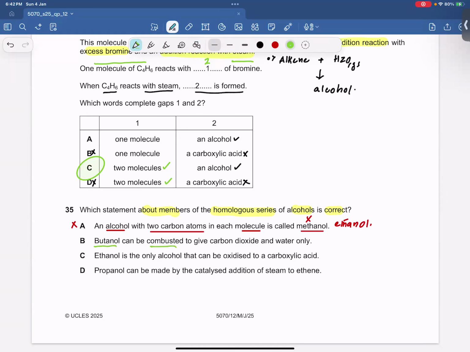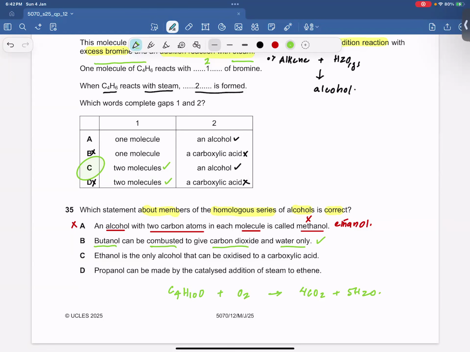Option B: Butanol can be combusted to give carbon dioxide and water only. That's true. Whenever any alcohol is burned in the presence of oxygen, carbon dioxide and water are the only products. By the way, butanol is C4H10O. It undergoes combustion with oxygen, converting into carbon dioxide and water.